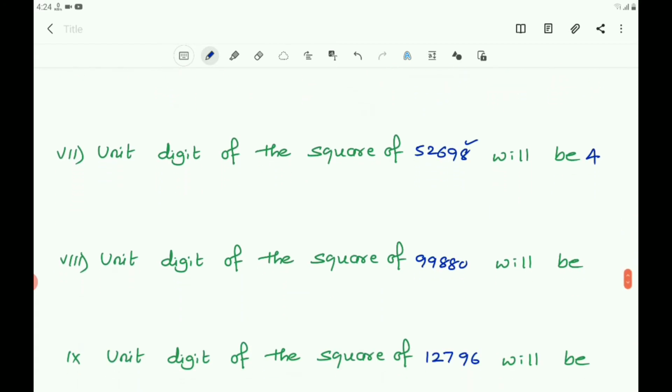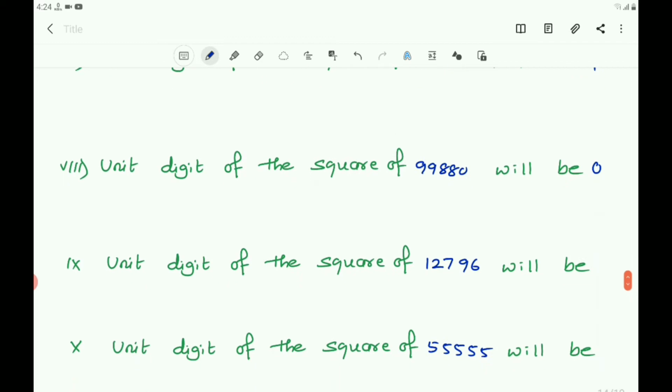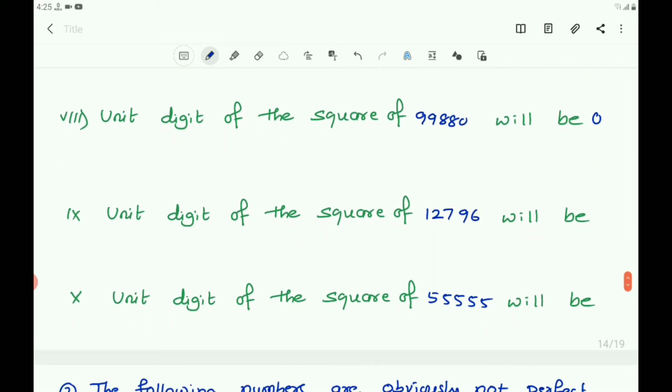Unit digit of the square of 99,880. Here 0 is in the unit place. So, its square has 0 in the unit place. So, the unit digit of the square of 99,880 will be 0. Next, the ninth one, the unit digit of the square of 12,796 will be 6 only. Why?